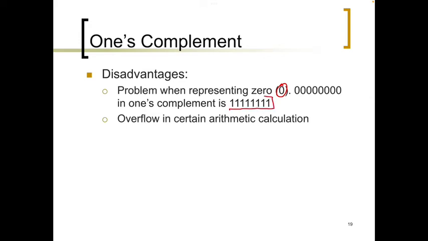As you can see here, when this is 1 1 1 1, this will cause what we call overflow, not flow, overflow in certain arithmetic calculations. We will see about this later in our example. Don't worry about that.